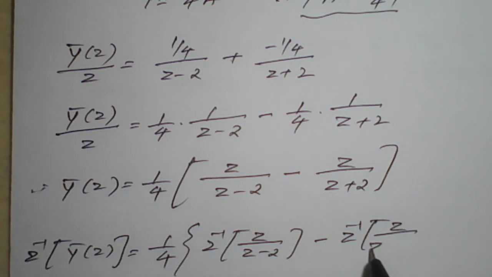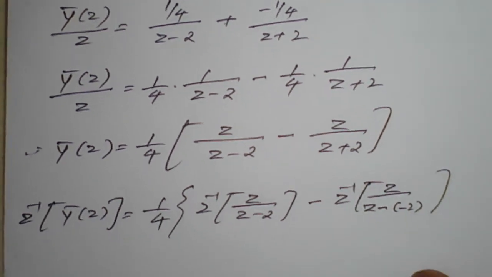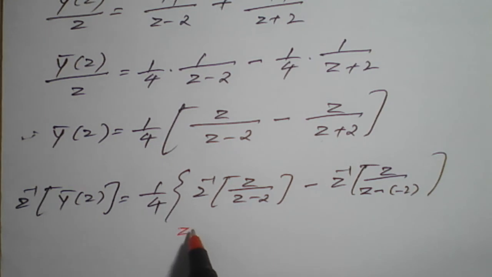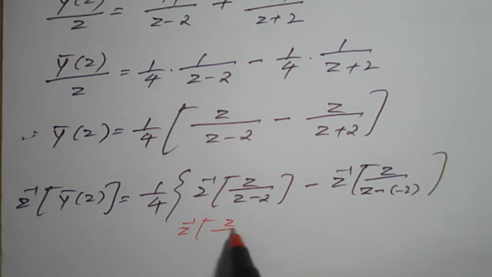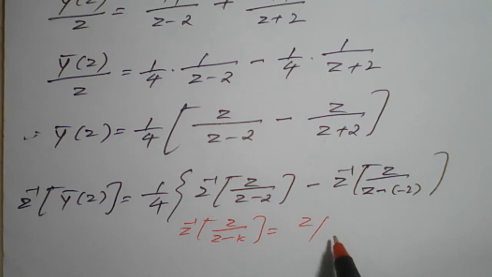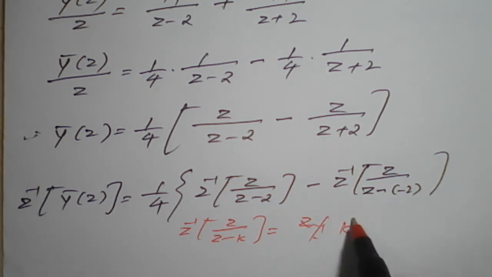I will write it as z minus of minus 2, so that applying the formula will be easy. So we know the formula. What is that formula here? Z inverse of z divided by z minus k will be k raised to n. So that formula will apply here.